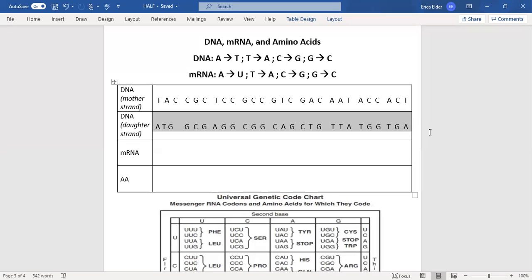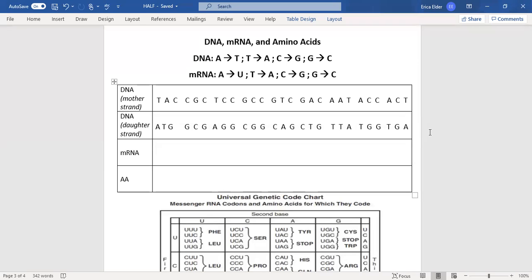My fifth is CAG. My sixth is CTG. My seventh is TTA. My eighth is TGG. And my final is TGA.